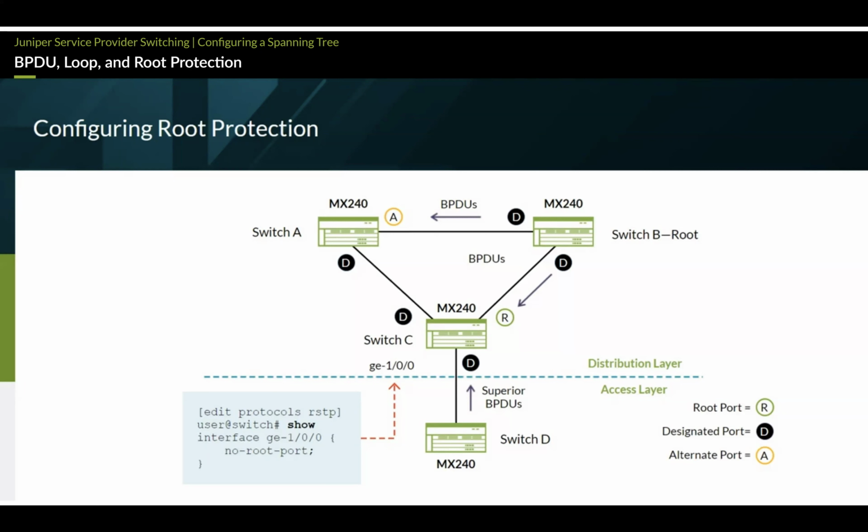Trusted devices means your backbone. Consider this switch A, switch B, and switch C. This is your backbone, your own switches, but switch D is the customer switch. It can be a customer switch or an upstream switch. So in that case you can configure this port to protect against receiving the BPDU.